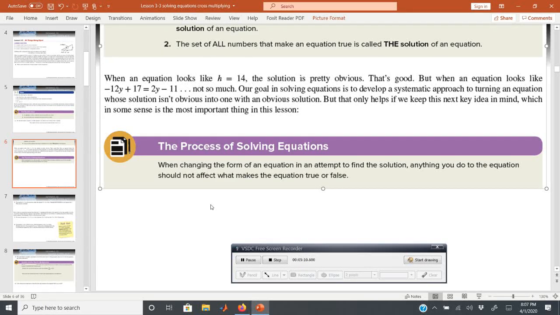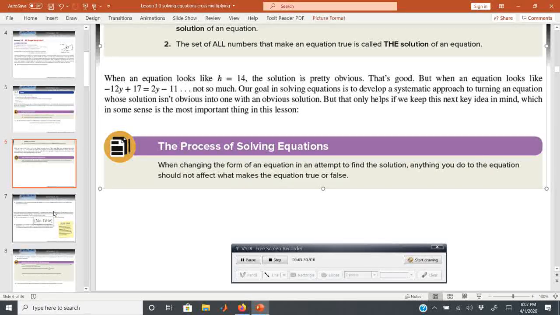The process of solving equations: when changing the form of an equation in an attempt to find a solution, anything you do to the equation should not affect what makes the equation true or false.